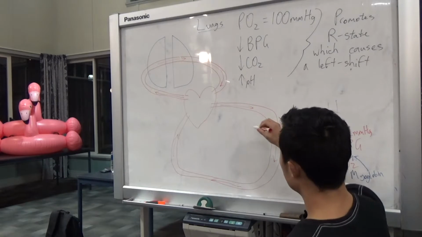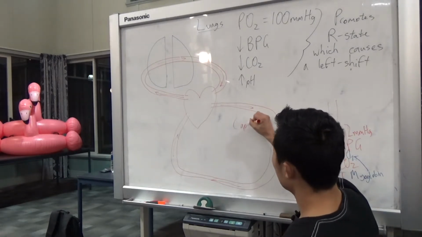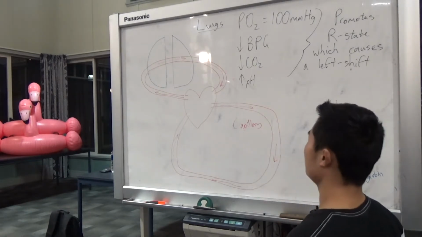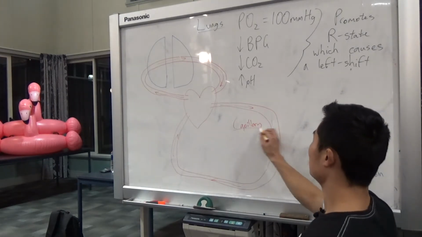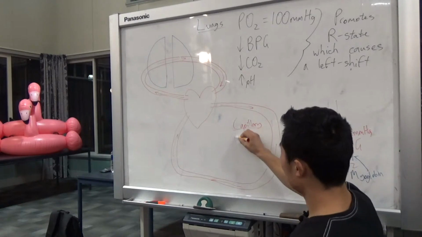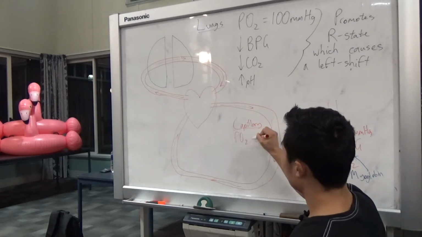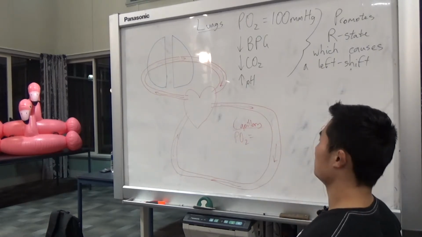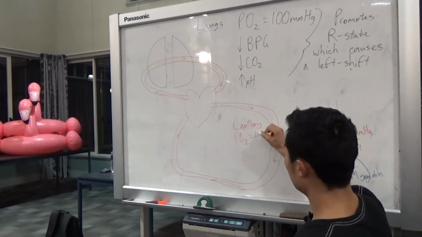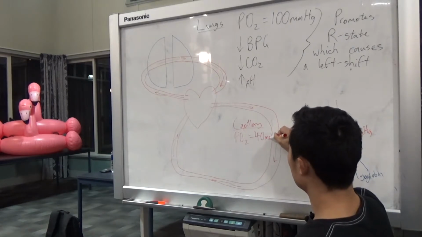And so this is the capillary that's supplying the skeletal muscle. The partial pressure of the venous blood is about 40 millimeters of mercury.